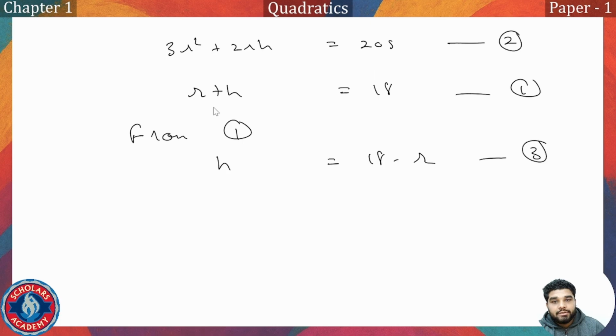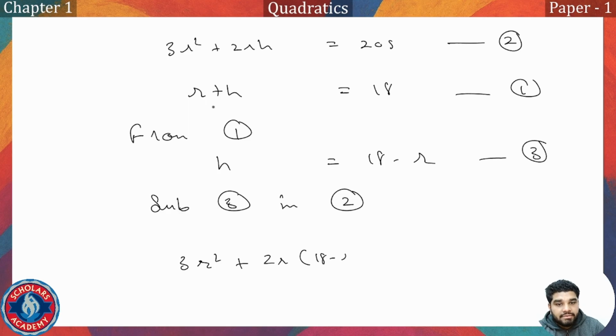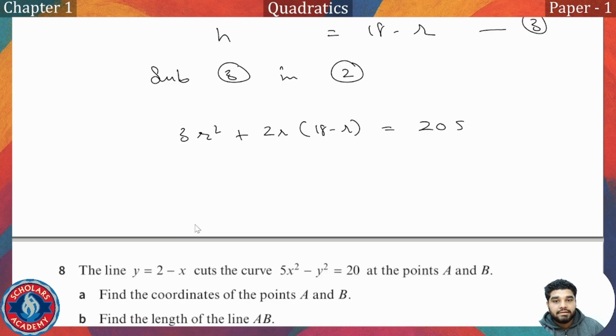Now substituting equation number 3 in equation number 2. What I will get is 3r square plus 2r times h, where h is 18 minus r, is equal to 205, right?